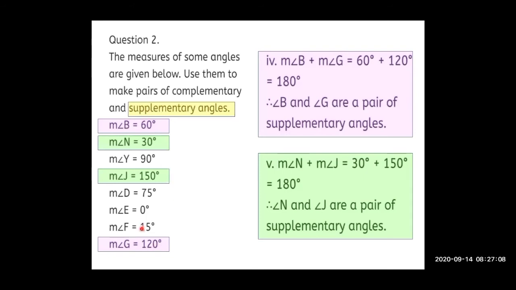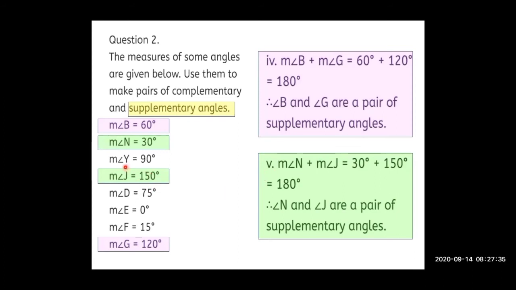So 60 plus 120 equals 180. So measure of angle B plus measure of angle G equals 60 degree plus 120 degree equals 180 degree. Therefore, angle B and angle G are a pair of supplementary angles.